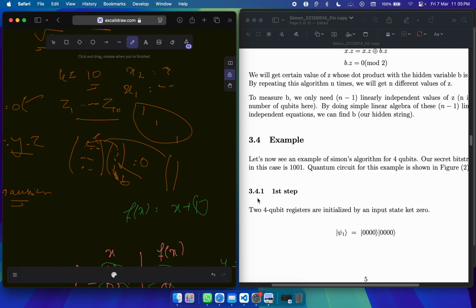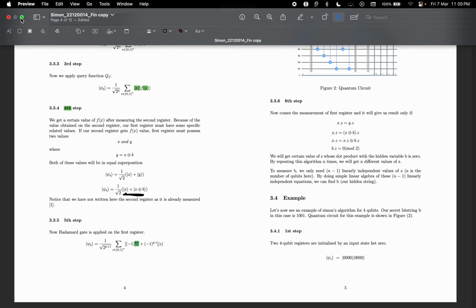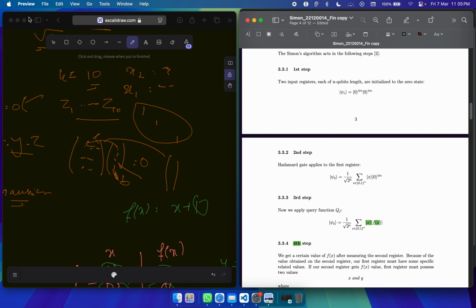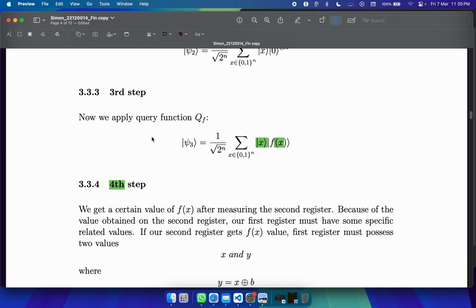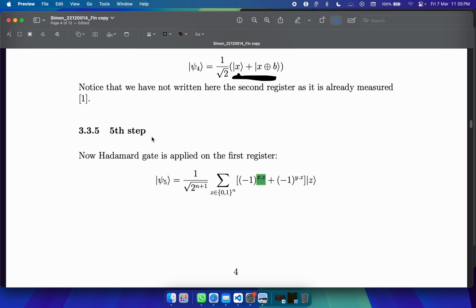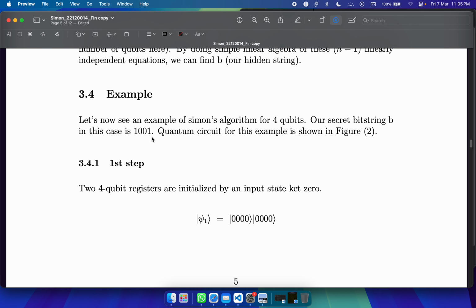Now here he has done the example. I'm going to go into a bit more detail here. So the third step, the example was right here. It's saying that our secret string was 1001, and the first step is to have n qubits of equal length on both registers.